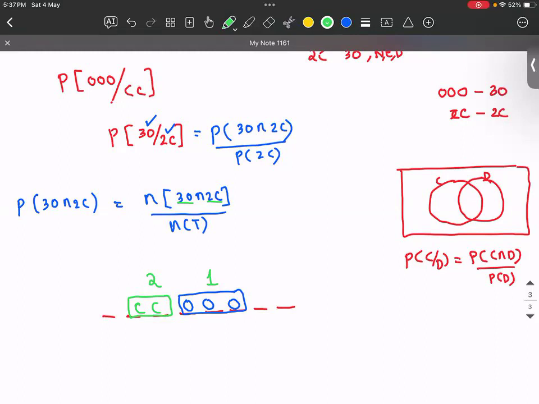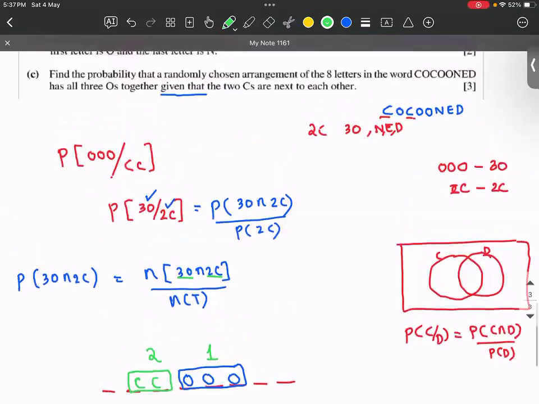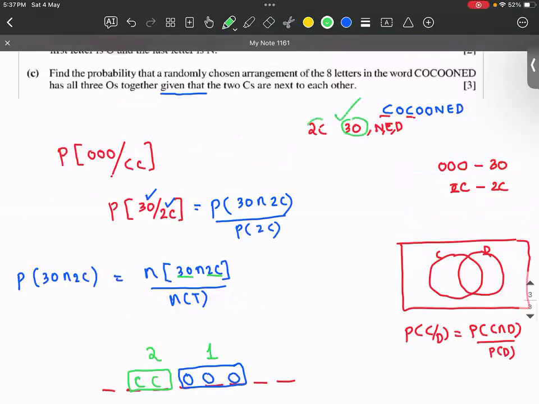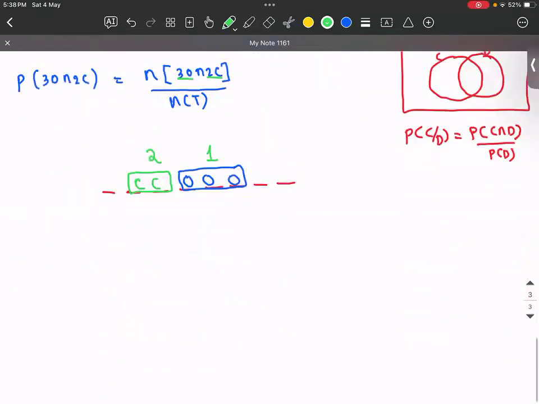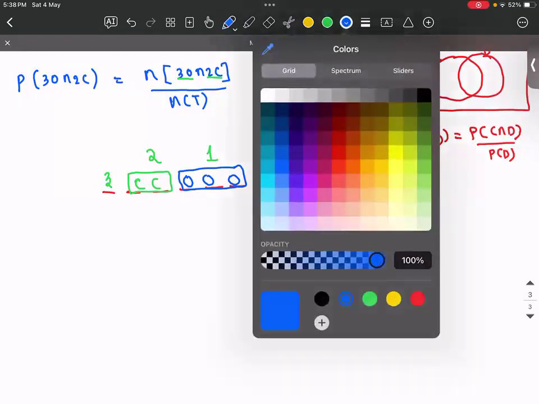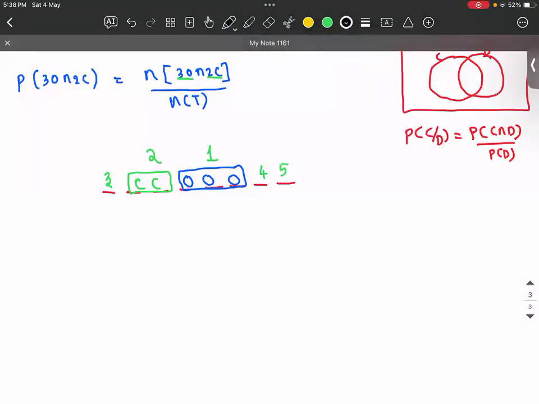Then the rest of the places: these 3 O's we already fixed, 2C we already fixed. Then we have 3 letters with us, NED. So this NED, we can place in the remaining places, 3, 4, and 5. So how many ways can we do this? We can do this in 5 factorial ways. So the number of arrangements that give 3O and 2C together is 5 factorial. Clear?